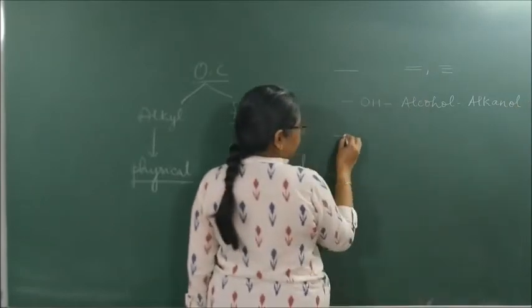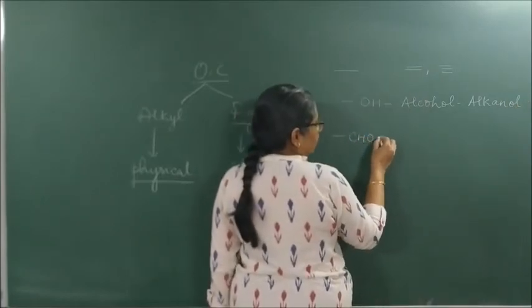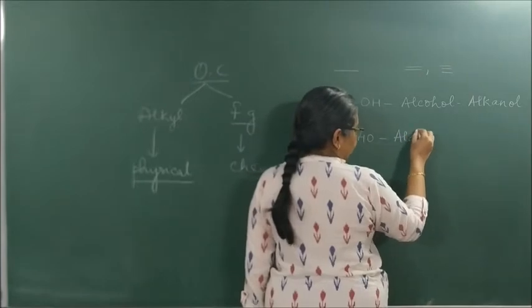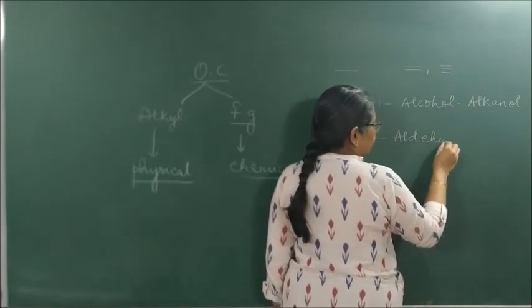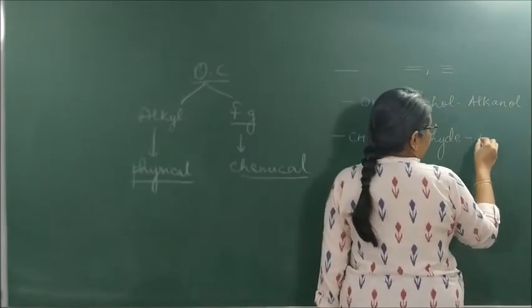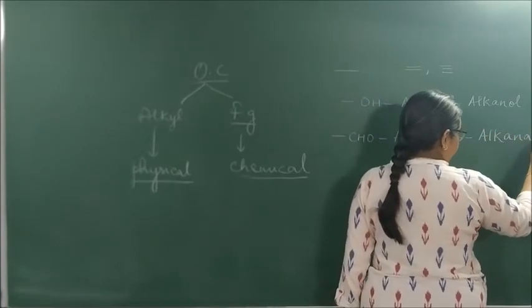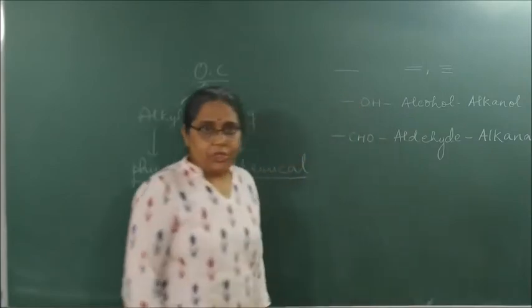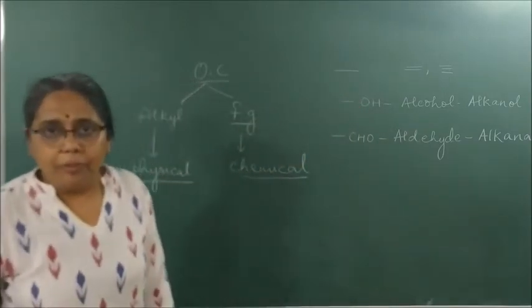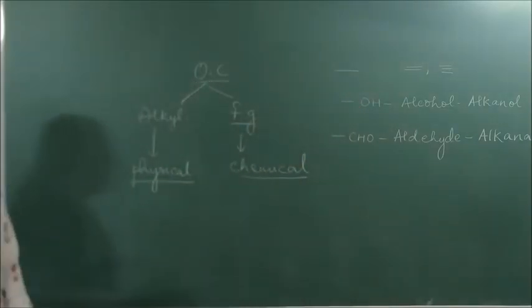Okay. Then we studied CHO. This is called aldehyde, and in IUPAC it is called alkanal. Today, we will study two more functional groups, that is carboxylic acid and ketone.